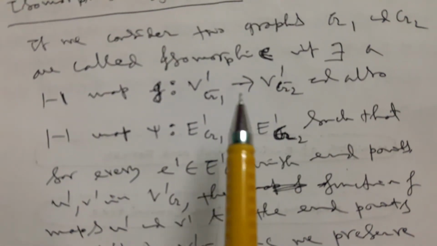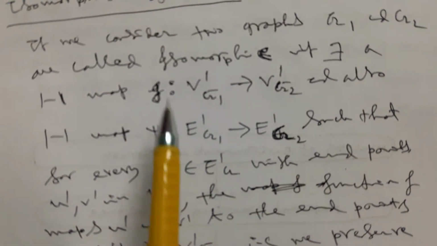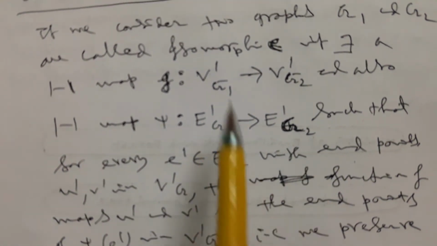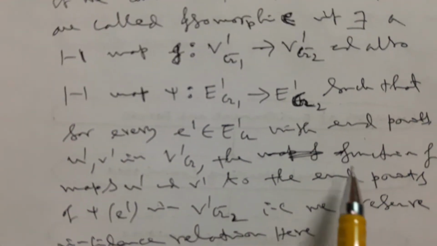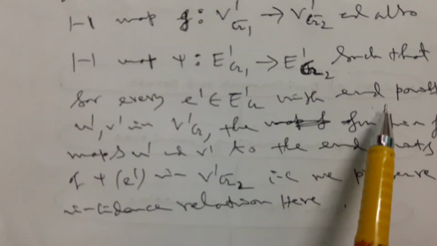At first, let us understand what happens there. Two graphs will be considered here, and there is a 1-1 map, and also another map we consider, on vertices and edges, and there are the endpoints.